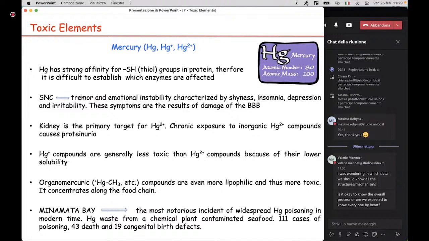Teratogen means that it can cause defects in unborn babies. And so, if they don't die during pregnancy, they are born with physical or mental defects. So most probably, mercury is not only toxic but also carcinogenic and mutagenic, and thus teratogenic.